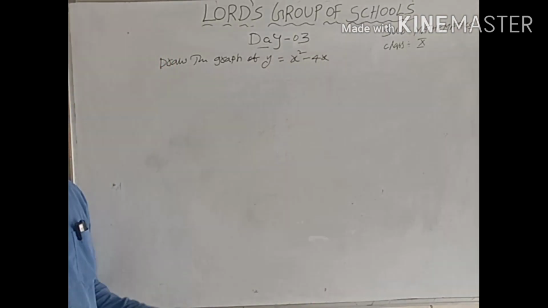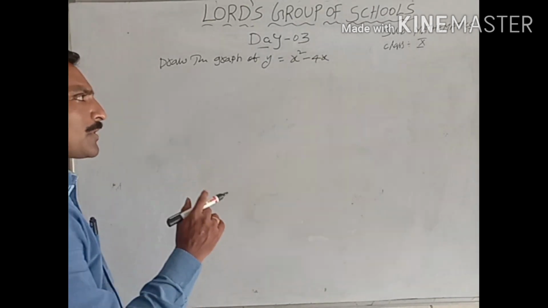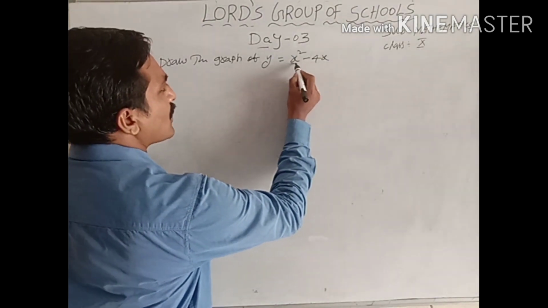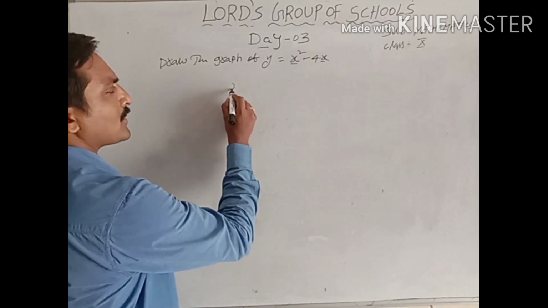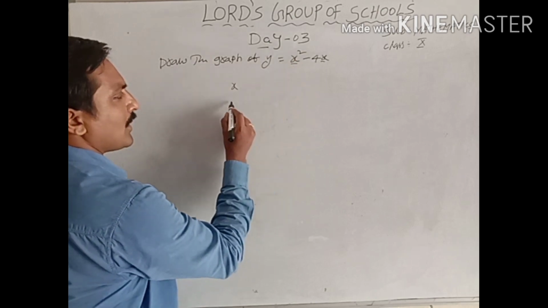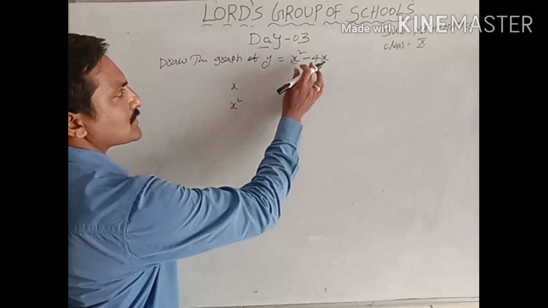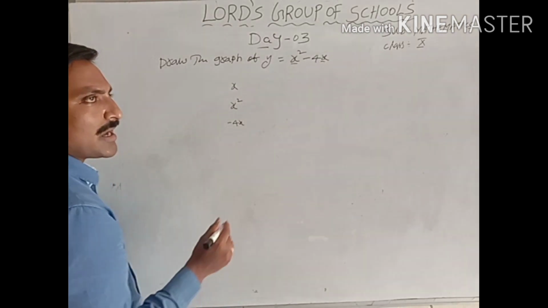Three terms are not present, only two terms are present. Draw the graph with the same process. In the given polynomial, what variable is present? That variable only you have to start with. Prepare the table first, x. What is the first term of the polynomial? X square. Second term, minus 4x. Here the constant term is absent.